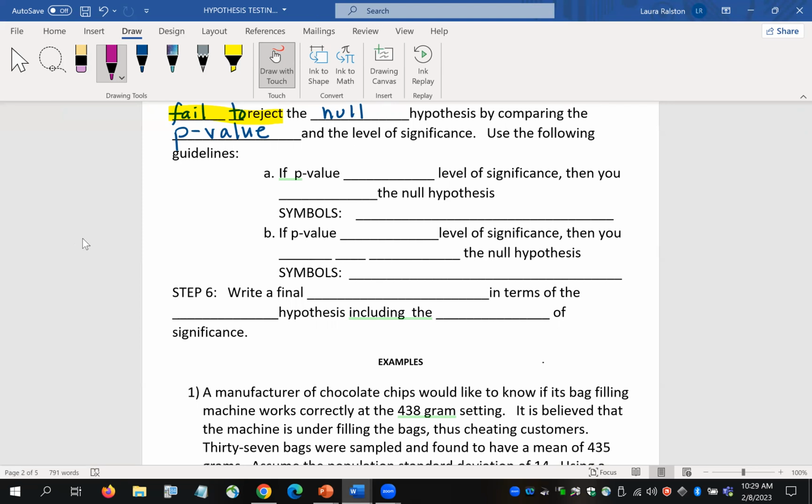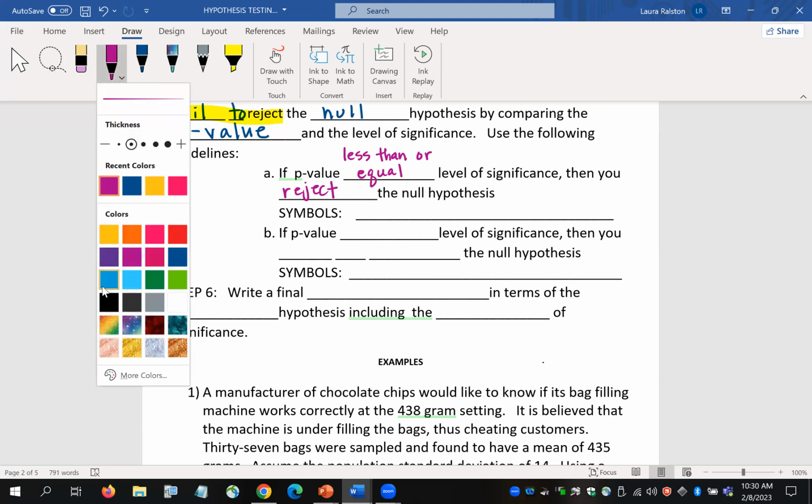If the p-value is less than, let me write it in words for you, less than or equal to the level of significance, then you reject the null hypothesis.